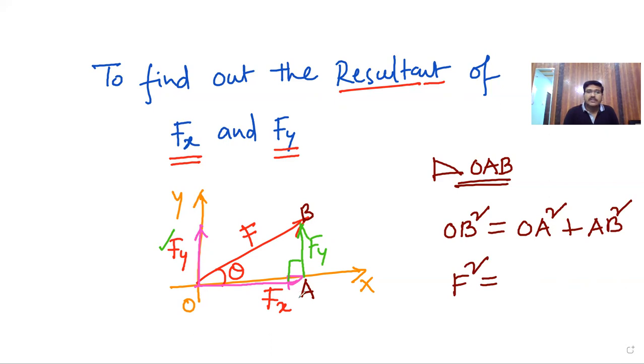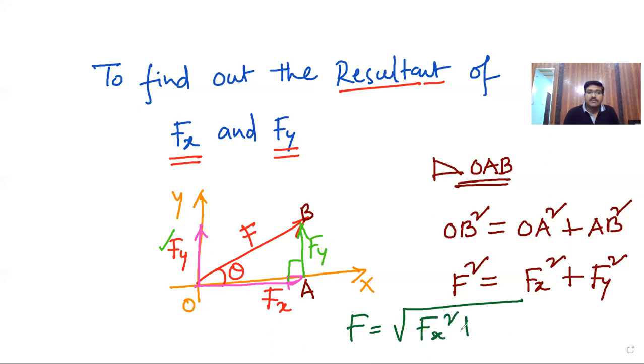OA here, magnitude is corresponding to the length of the vector. That is Fx square. AB is parallel to this y-axis. This is AB. Magnitude of AB is corresponding to the length of the vector. That is Fy square. So what is F? Finally, F becomes under root of Fx square plus Fy square.